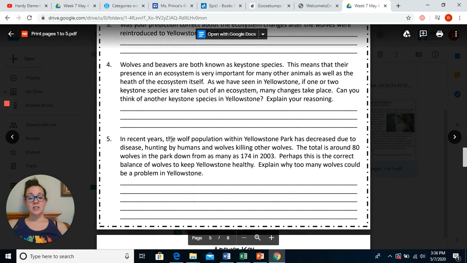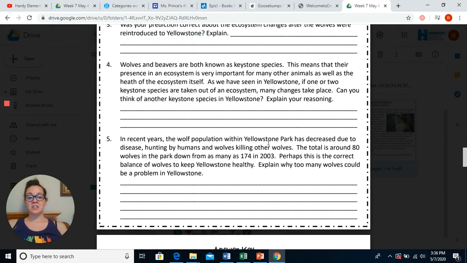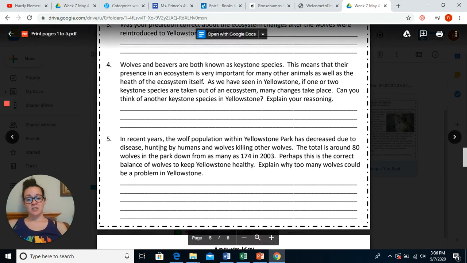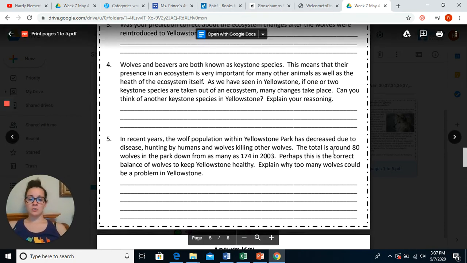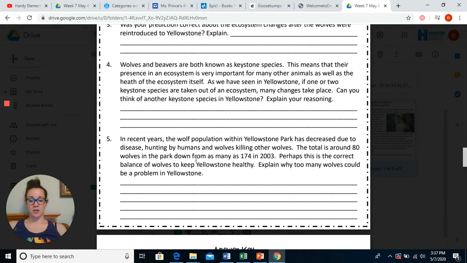In recent years, the wolf population within Yellowstone has decreased due to disease. This means hunting by humans or wolves killing other wolves. This means that it's getting lower again. The total is around 80 wolves in the park, down from as many as 174 in 2003.